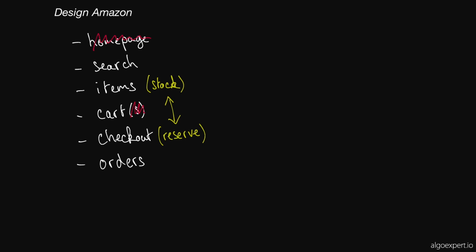And so here, our interviewer is going to say that we do want to handle what happens with orders when they are assigned to Amazon warehouses. So I'm going to write this down, warehouses.